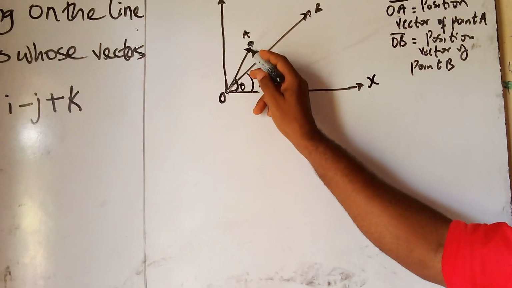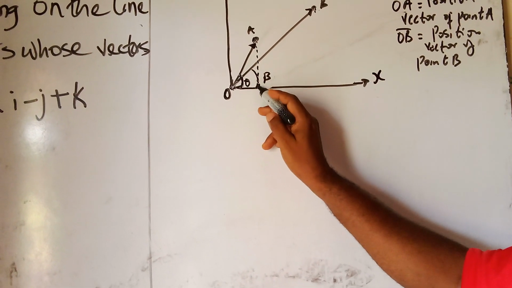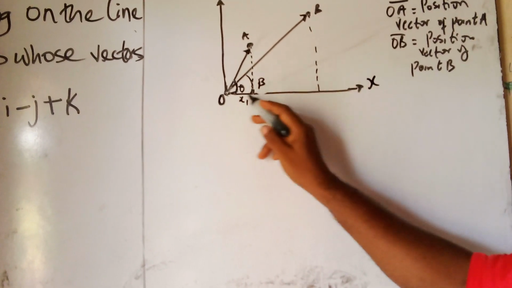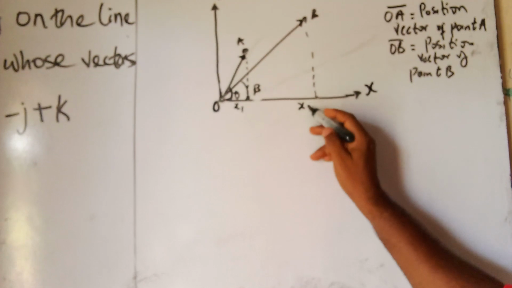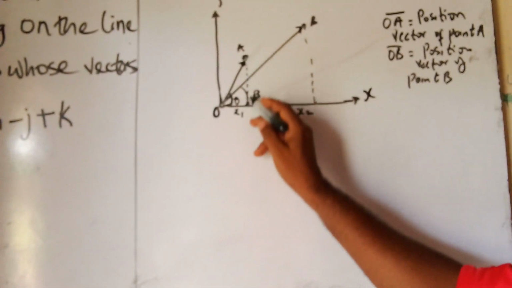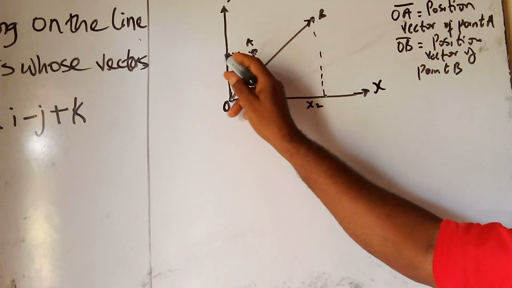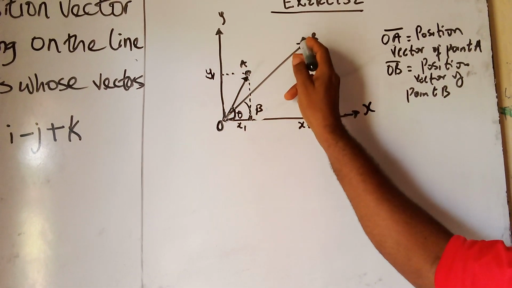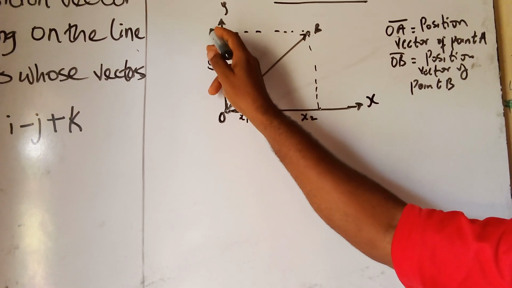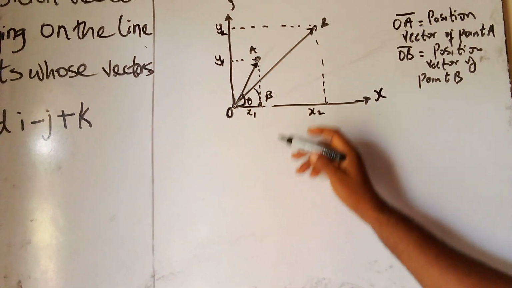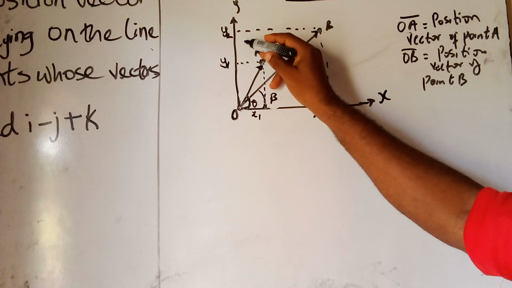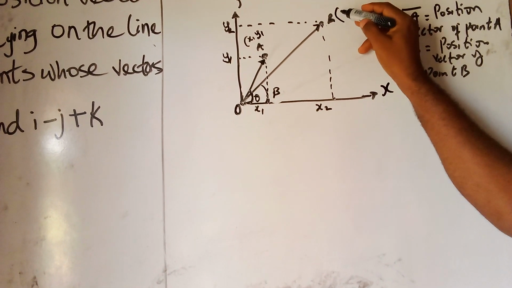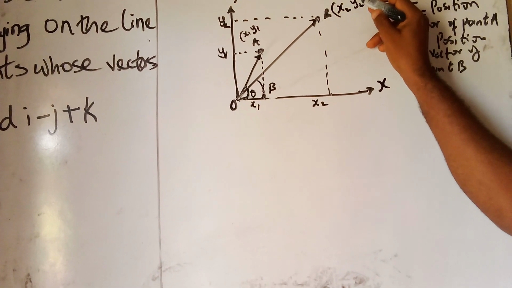Now, we can describe the location of these vectors with respect to their coordinates. Let's say vector A along the x-axis from 0 to this place is x1, and vector B along the x-axis from 0 to this place is x2. And then vector A along the vertical axis, the position of vector A is y1. Vector B along the y-axis, the position of vector B along the vertical is y2. So in a nutshell, I can write my point A as coordinate x1, y1, and my point B as coordinate x2, y2.